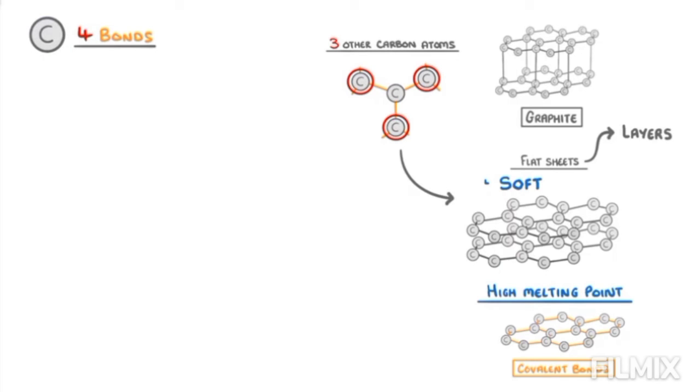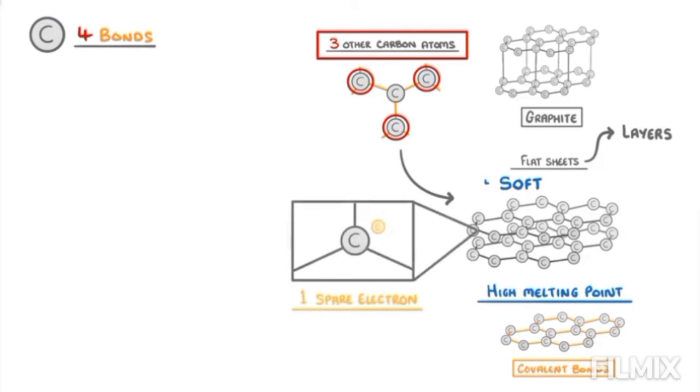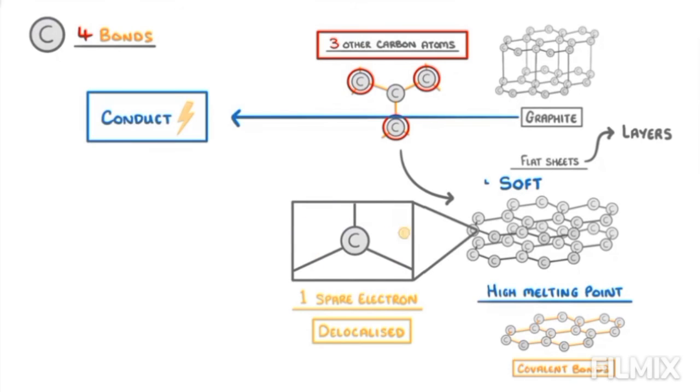In diamond, 4 bonds are there. In graphite only 3 carbon atoms are linked together, so there is 1 free electron. This electron moves inside the graphite, that means it is delocalized. So it conducts electricity and heat.